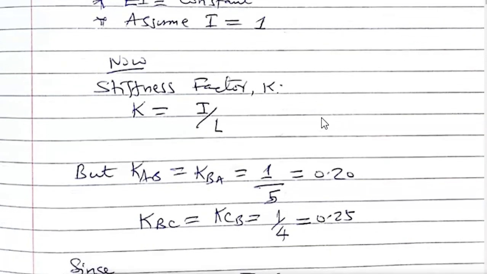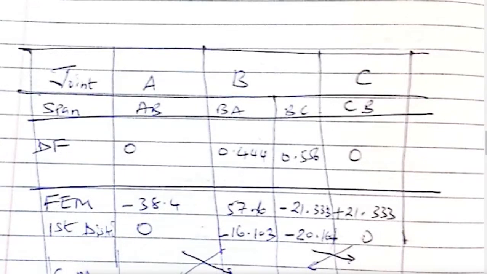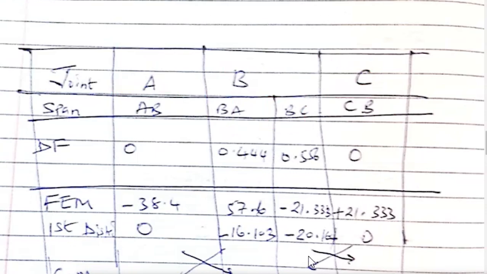As you see, our table should be considered for the joints. Joint B has got BA and BC. Joint C only has the member CB, and joint A, as we said, has only the member AB. Now, before I proceed, let's note something very important.